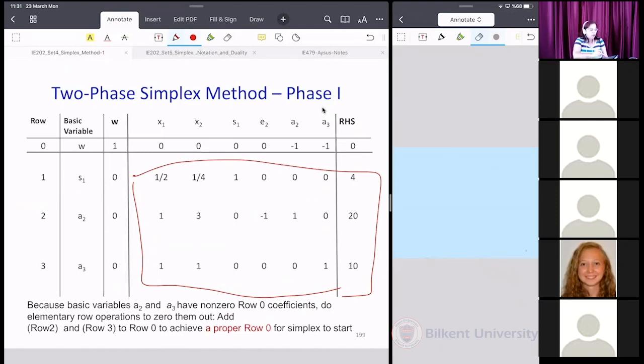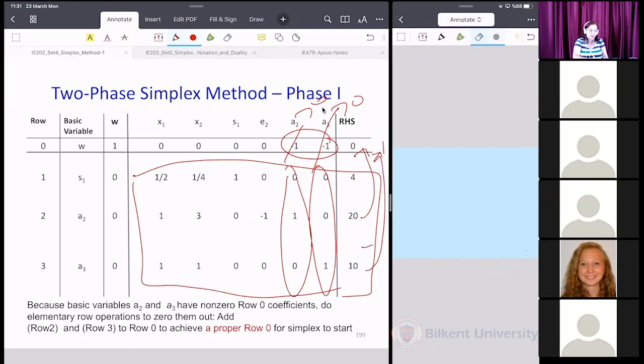In row 0, I don't have anyone else, only the artificials. Remember, these are basic variables, so these entries have to be 0. I do not want non-zero entries in row 0. So we again have to do elementary row operations so that these -1s become 0.